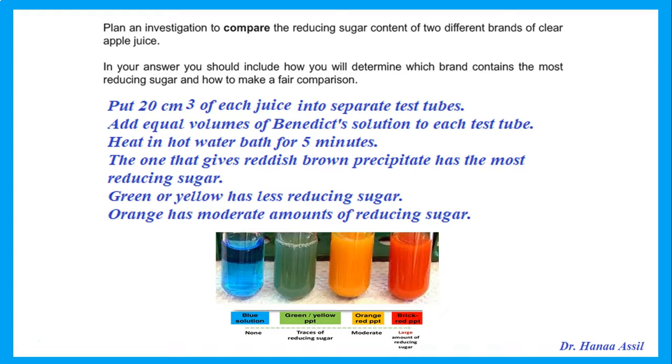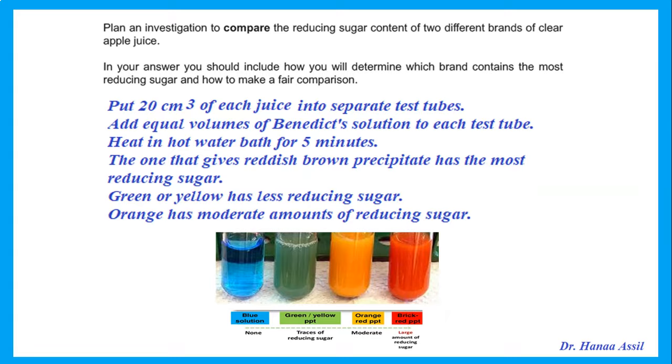But if we're comparing different brands, then I will tell him, for example, put a certain volume, 20 centimeter cubed, of each juice into separate test tubes. Add equal volumes of juice and equal volumes of Benedict's solution to each test tube.